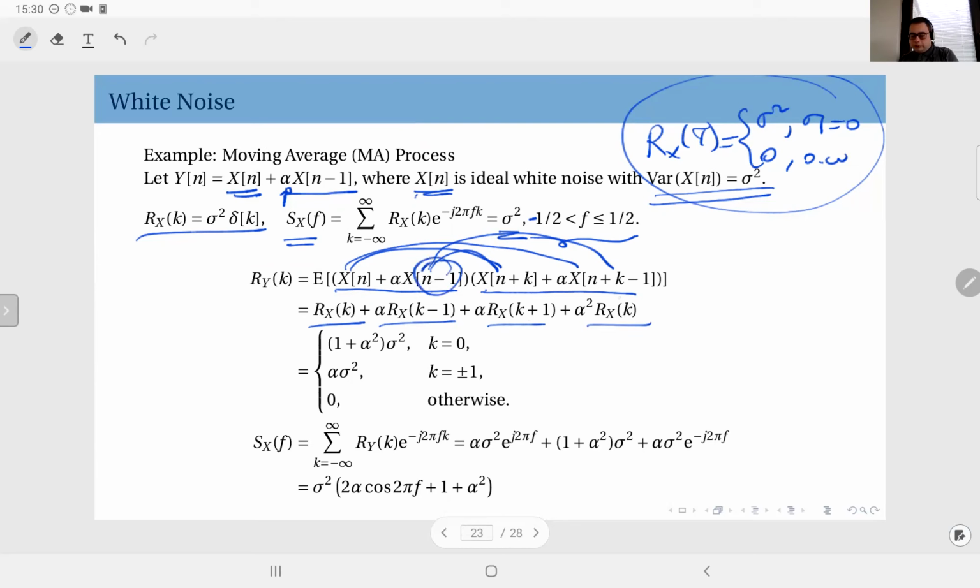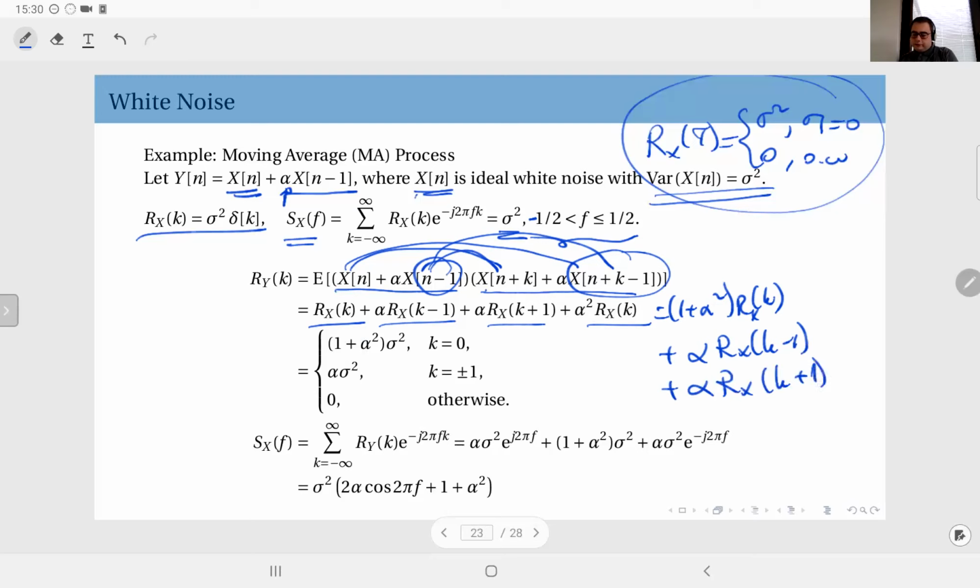So essentially you have 1 plus alpha squared times the autocorrelation at lag k, plus alpha times autocorrelation at k minus 1, plus alpha times autocorrelation at k plus 1. That's it.